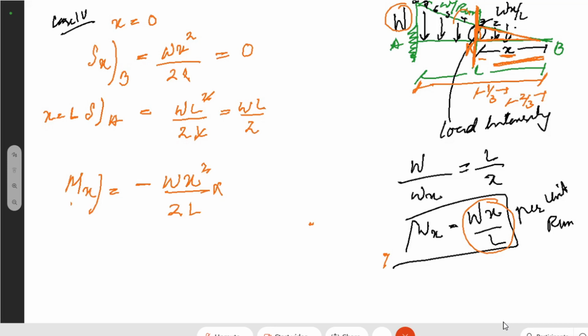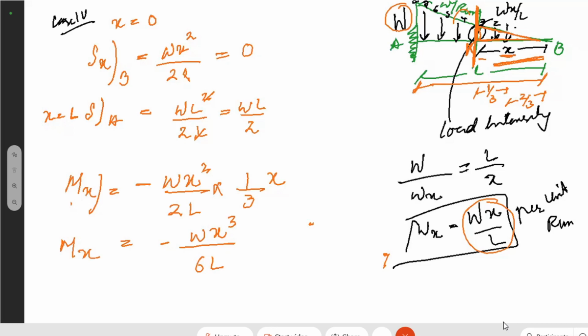So whenever we have to calculate the distance of the centroid, we should calculate it from the point x. Therefore it will be equal to 1 by 3 of x, and your final moment equation will be minus times Wx cube by 6L. This is your moment at point x.